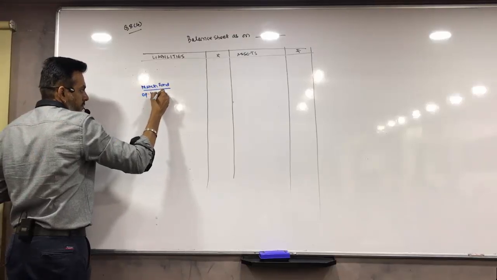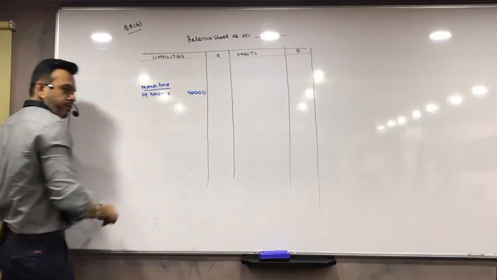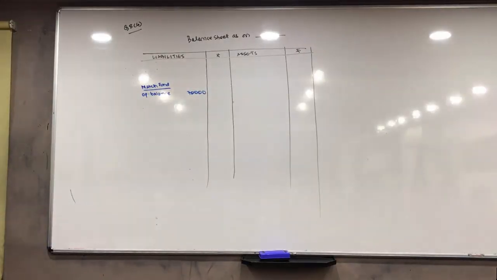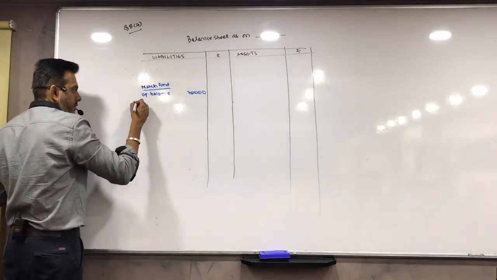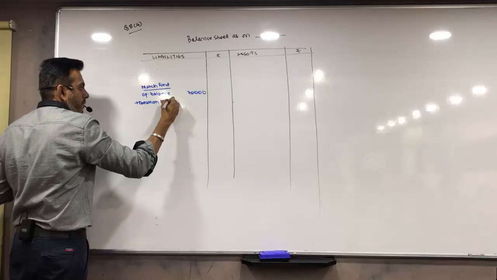Opening balance 70,000. Got it? Now, what are the additions? First of all, donation received for match. Let's add plus donation for match fund.